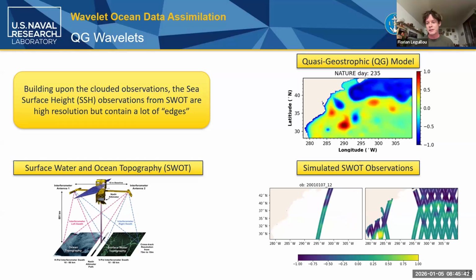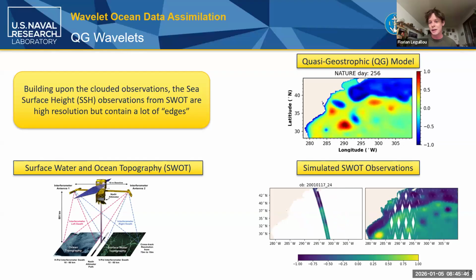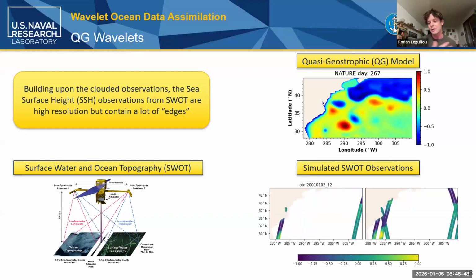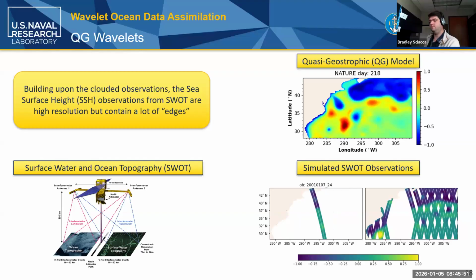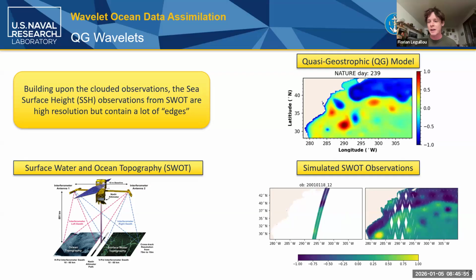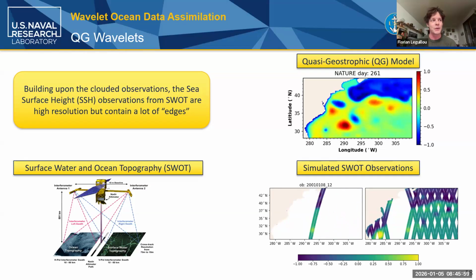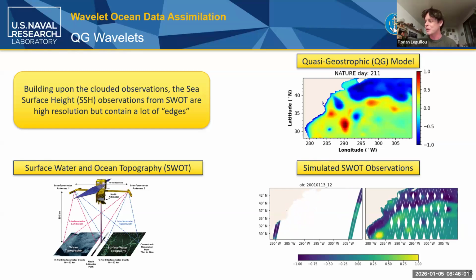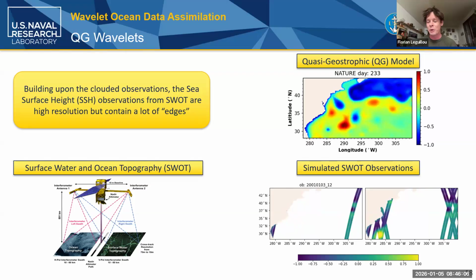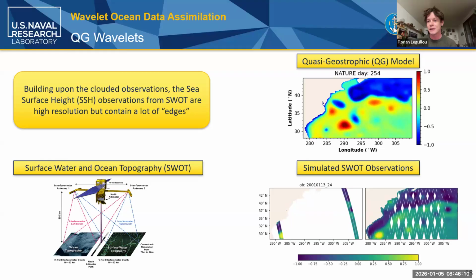But with 4D-Var you are limited by what you do, which is estimating an initial condition and then forecasting with the model. I think with wavelets, the analysis could account for the fact that the model is not perfect and you can estimate some errors of the model in terms of fluxes.